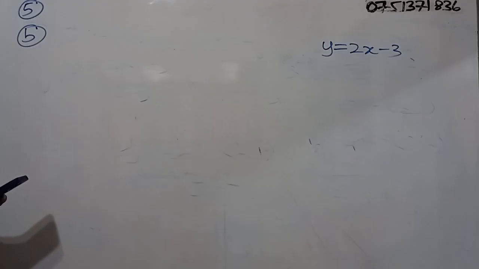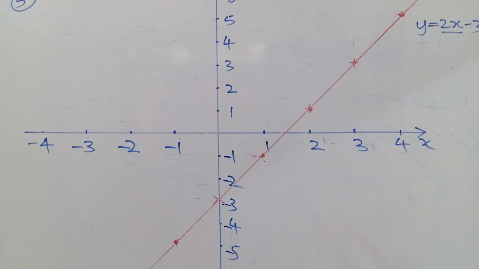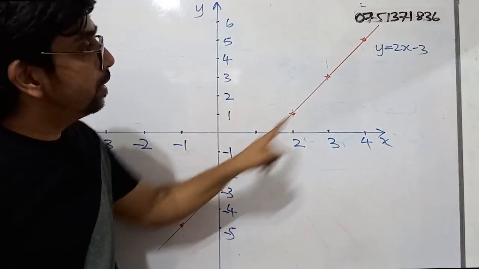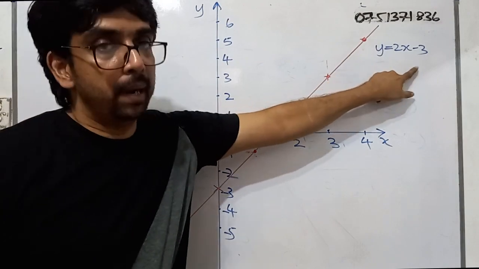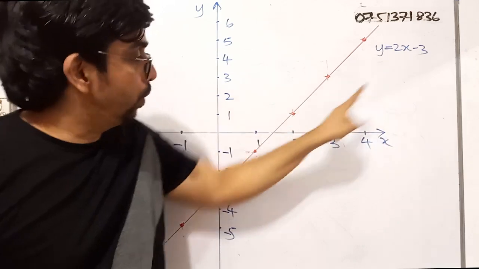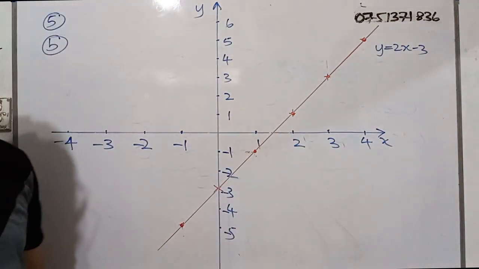Part B. Draw the graph y equals 2x minus 3. Okay, so these are the coordinate pairs that we need to use. Right. So here we have the graph. So equation of the line is y equals 2x minus 3. So here the gradient is a positive value. That is why this angle is an acute angle.